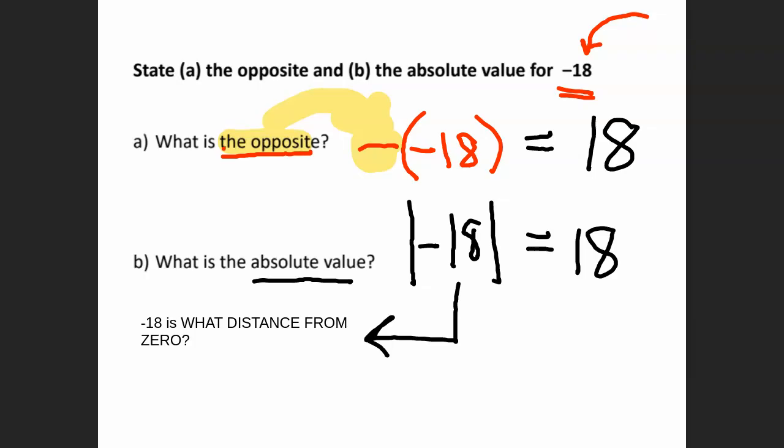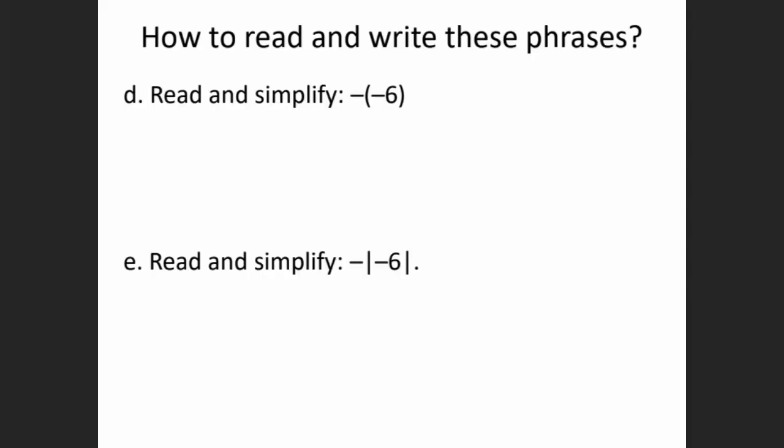Now, hopefully, you will have a very easy time with this. It's understanding symbols, reading a language. And this next slide is going to show you even more. It says, read and simplify. Well, first off, when we look at the very first problem, this is saying negative parentheses negative 6.